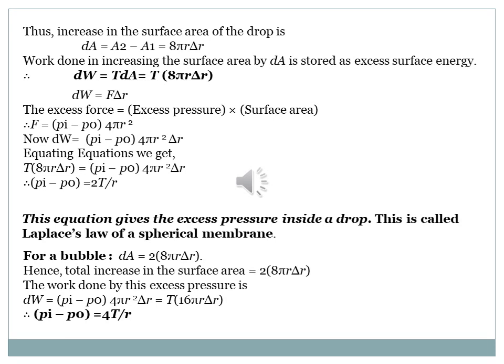So you are getting the final value for a bubble: Pi minus P0 is double the previous value, that is 4T upon r. Alright, for the general equation it is 2T by r excess pressure, and for a soap bubble it is 4T upon r. So this is all about the excess pressure. I hope you all got the expression. You can go through it, you will come to understand.